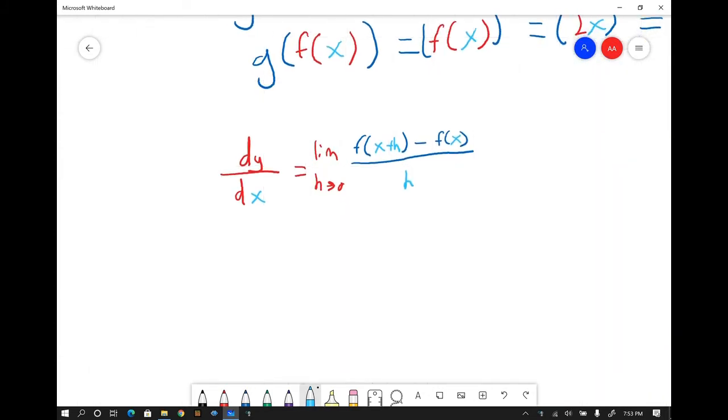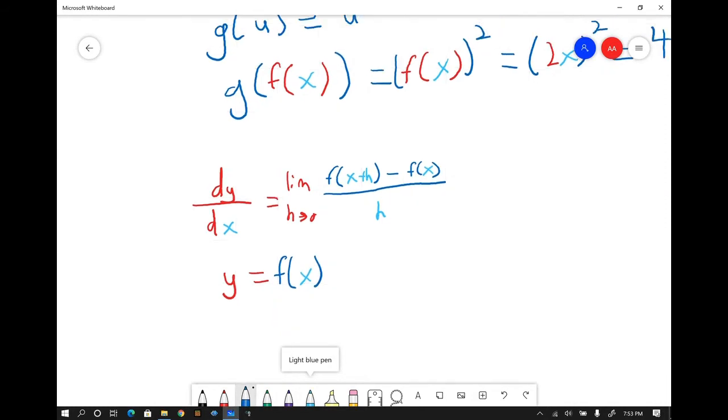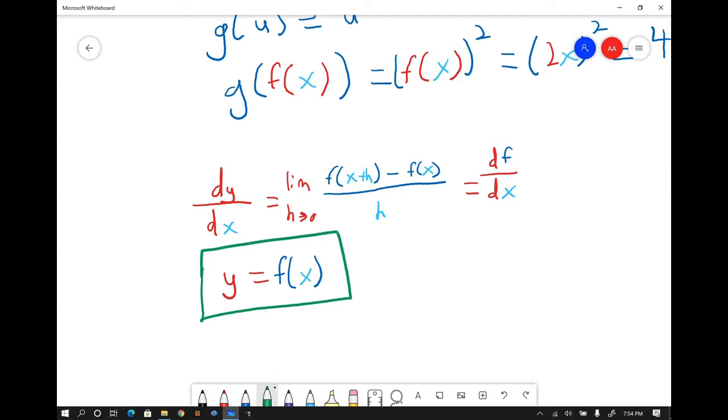But this is when y is equal to f of x. And another way to write our derivative equation is df over dx. And this notation doesn't change anything because we still have the change in our output, in this case, f divided by our change in input, in this case, x. And this is okay because, as we see here, y is equal to f of x.